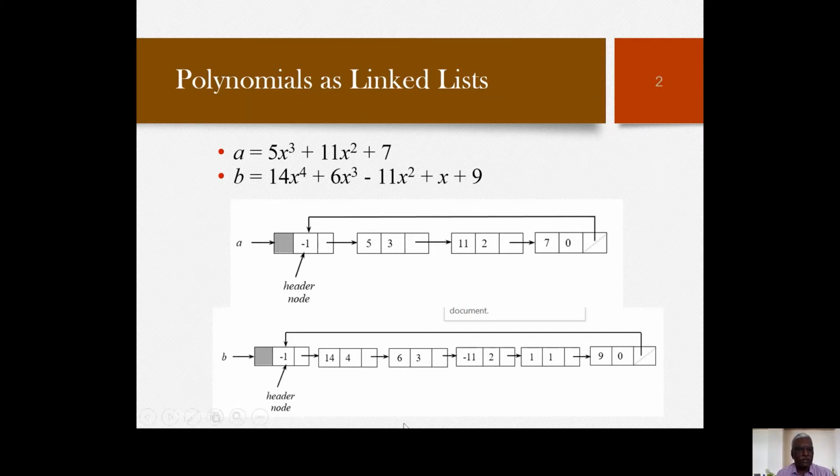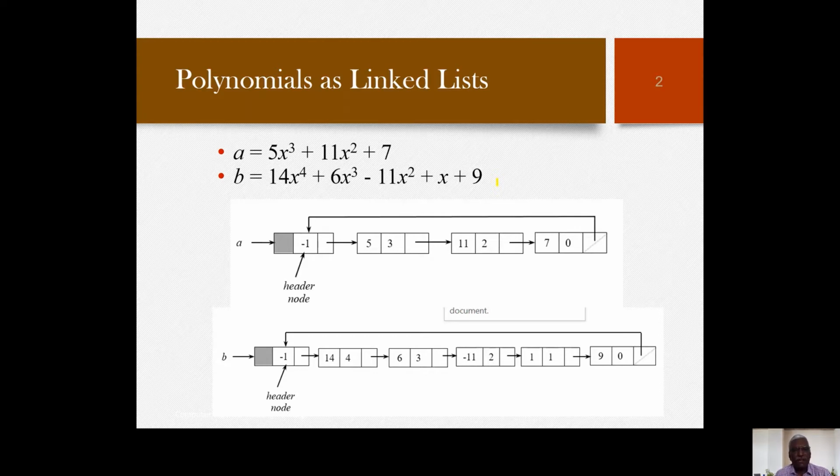Now here you can see that there are two polynomials specified. One is A, another one is B. The first polynomial, A, has 3 terms, whereas the second polynomial, B, has 5 terms. This is what I mentioned earlier, that we do not know in advance how many terms will be there in each polynomial.